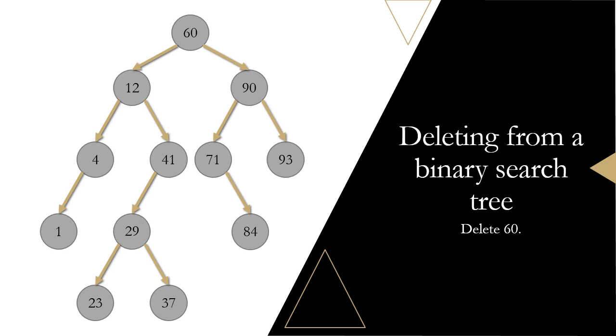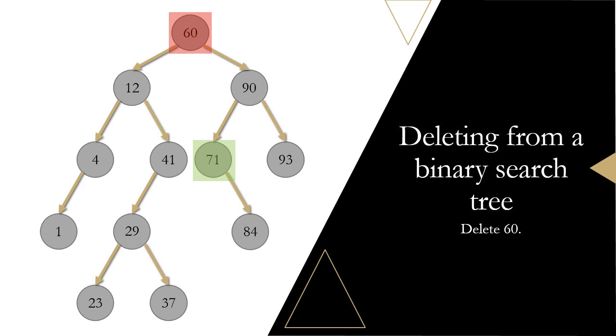I want to delete 60 from this tree, which is the root. It has both children. Locate the logical successor of 60. Find the minimum value in its right subtree. The minimum value is 71. So 71 is the logical successor of 60. But 71 has a child of its own.